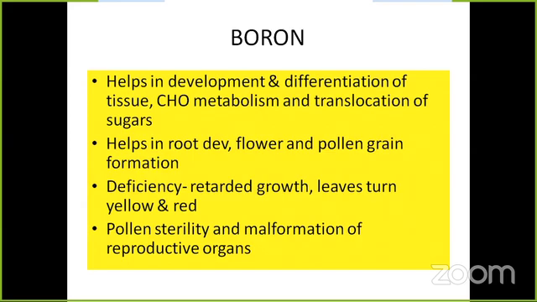Retarded growth by deficiency, leaves turn yellow or red. So this is one indication. As I said, pollen sterility will happen and malfunction of the reproductive organs, that is the flower, male androecium, female gynoecium, etc. They will all become malformed. Thereby, you can't expect them to normally produce fruit.